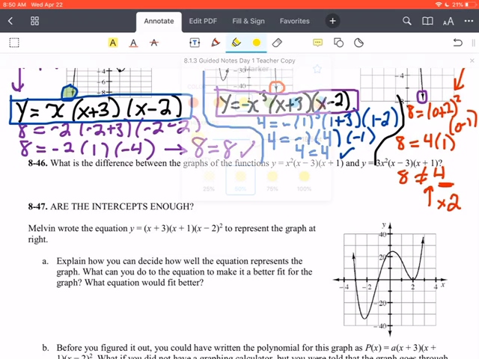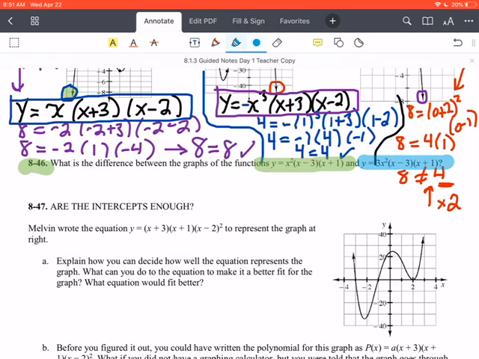Problem 46 kind of encompasses it with the question of what is the difference between these two functions? First, we have y equals x squared times the quantity x minus 3 times the quantity x plus 1. And then we have y equals 3x squared times the quantity x minus 3 times the quantity x plus 1.